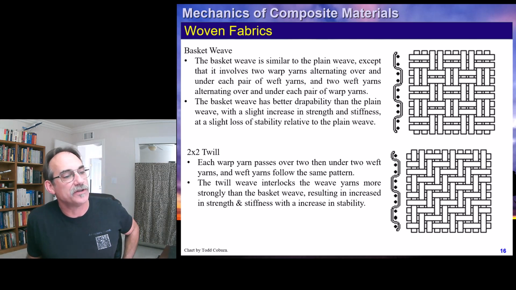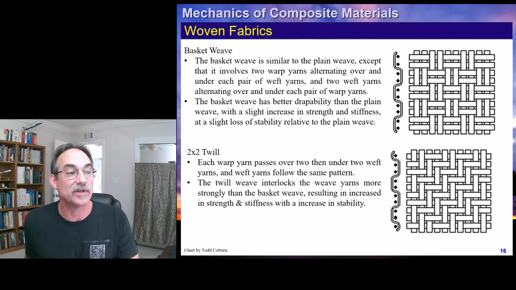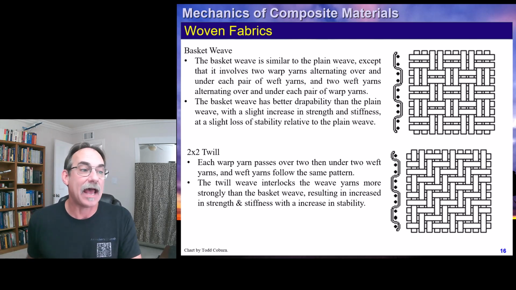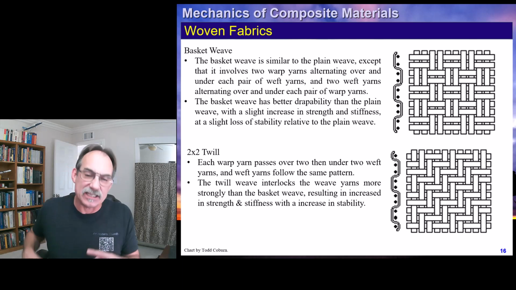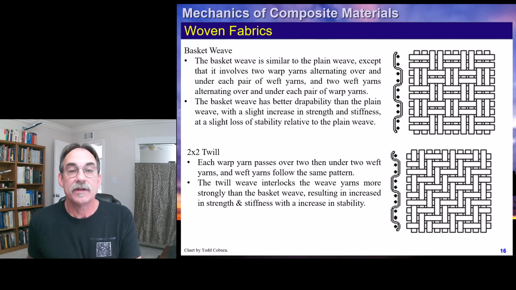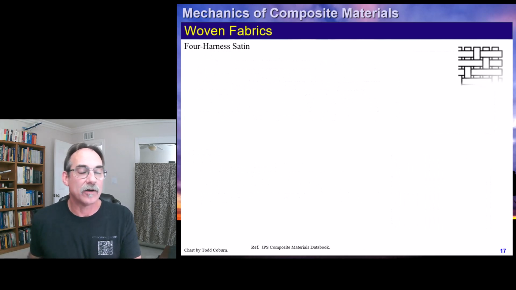This first one goes under 1, over 2, under 1, while the other one is offset by a factor of 1. What this does is give a nice diagonal pattern that looks really cool, so a lot of composites are made with this because of the cool looking pattern. It tends to be a little better interlocked than the basket weave, but not as tightly locked as the plain weave. So it's a good middle of the road kind of material.